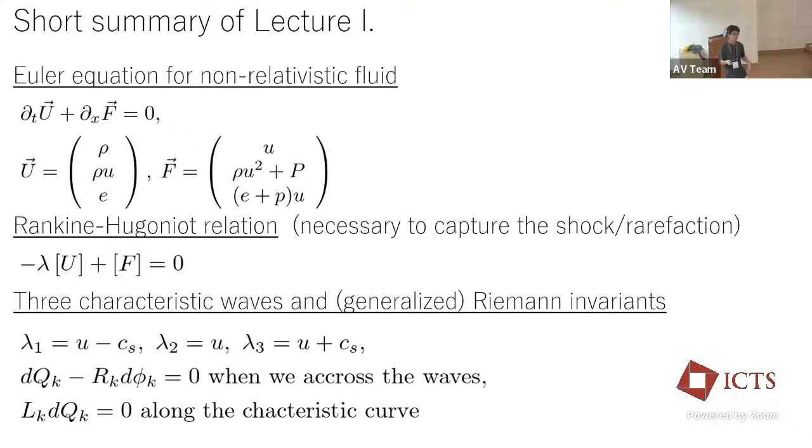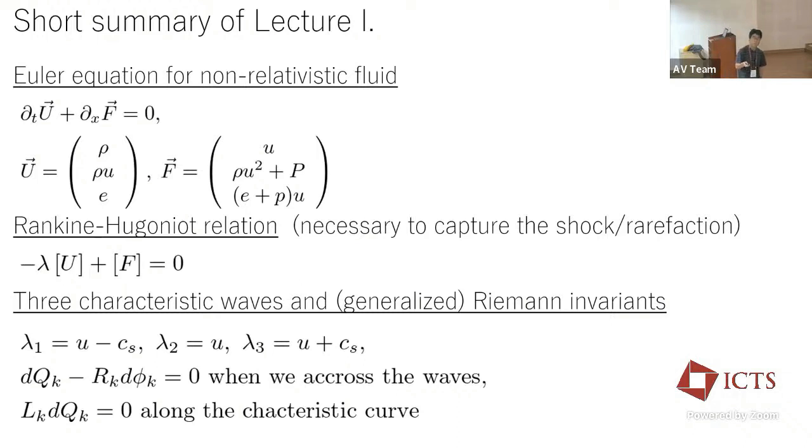And lambda 2 describes the contact discontinuity, where the density has a discontinuity, but the pressure and velocity should be continuous. We also learned the Riemann invariants when we cross the waves, given by the right eigenvector values. Sorry, this is a generalized Riemann invariant, and this is a Riemann invariant along the characteristic curves.